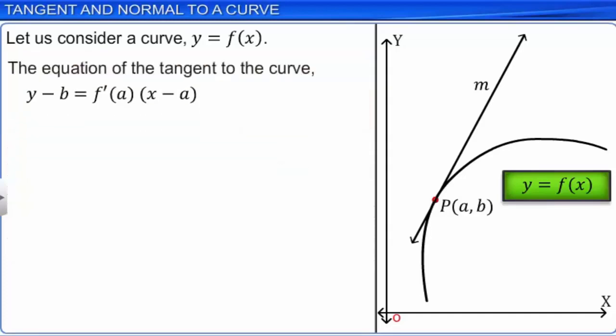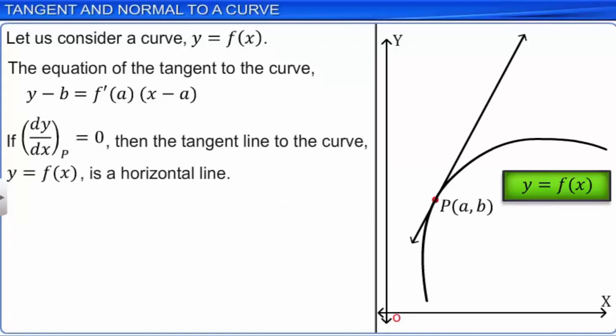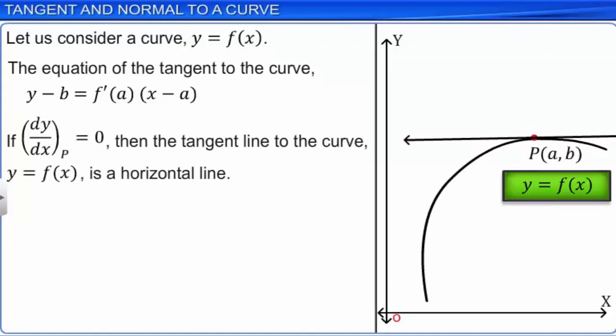We know that the slope of a horizontal line is 0. So, if dy upon dx at P is equal to 0, then the tangent line at P is parallel to the x-axis. In this case, the tangent line is parallel to the x-axis.